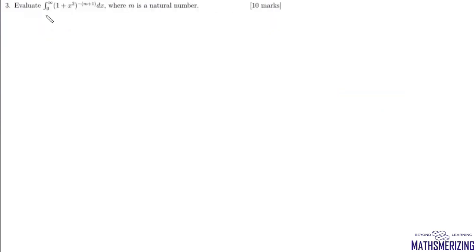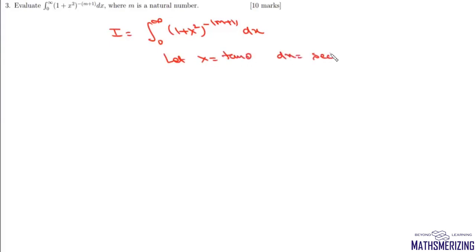Now the third question is, we need to evaluate this integral I, from 0 to infinity, of 1 plus x square to the power minus m plus 1, into dx, where m is a natural number. In this question, we'll let x be tan theta, then dx will simply be secant square theta d theta.